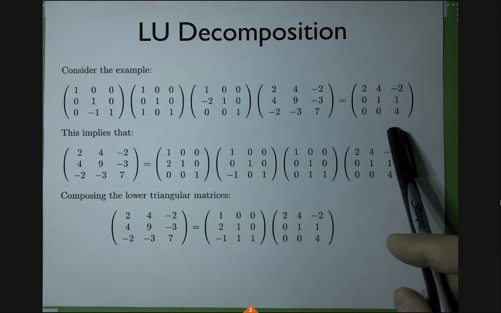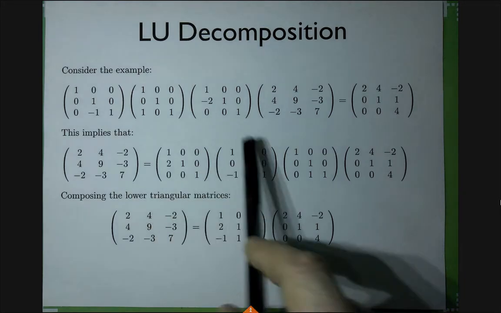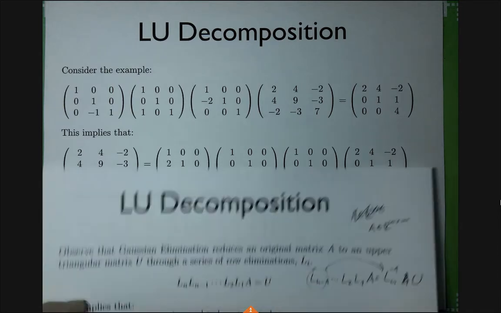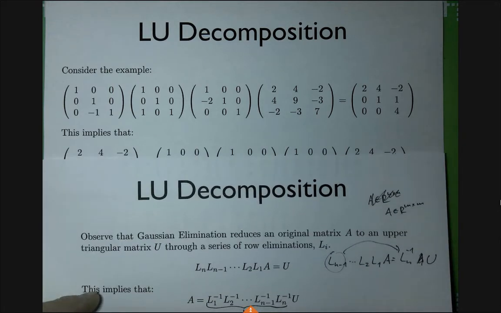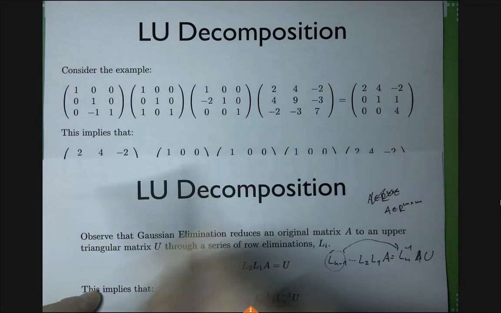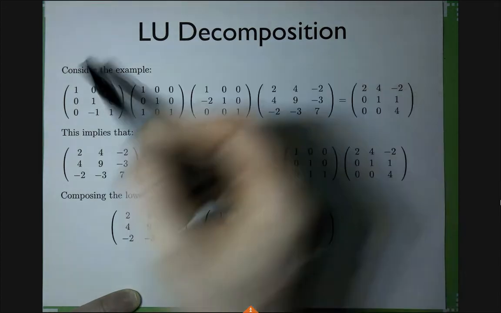Okay. So I can do what I showed on this slide. What I'm going to do is take inverses of these matrices and put them in the opposite order here, so let's do it this way.